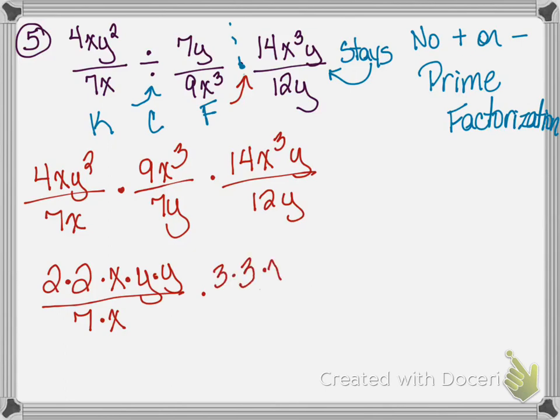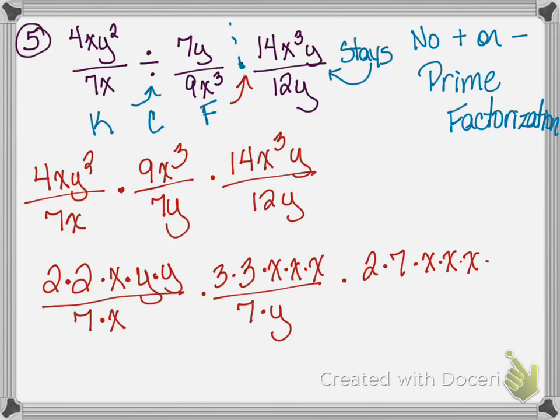Then I have x times x times x. Then I have 7 times y. Okay, I can break my 14 down to 2 times 7. My x to the third is x times x times x. My 12y is 2 times 2 times 3 times y.